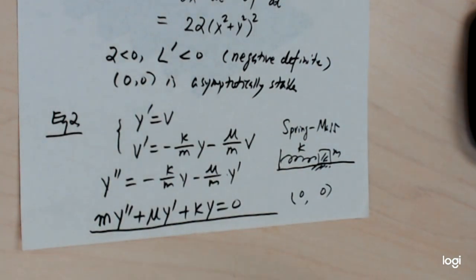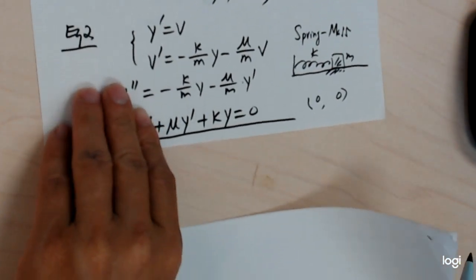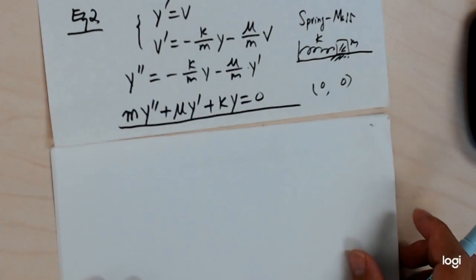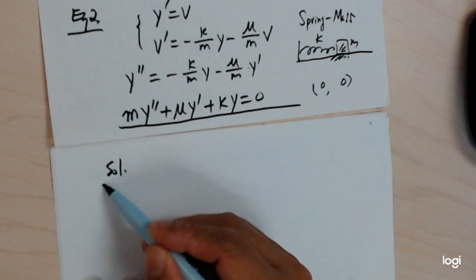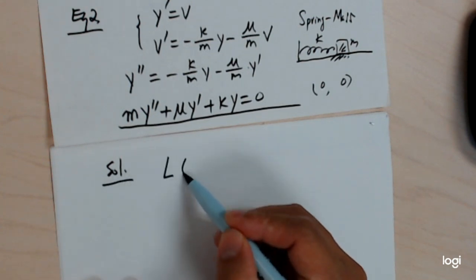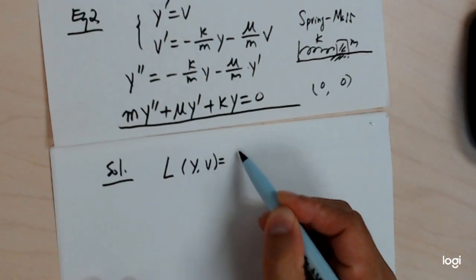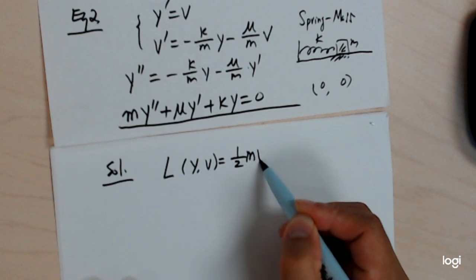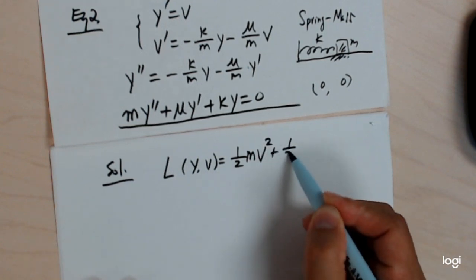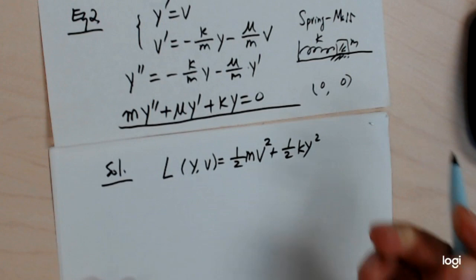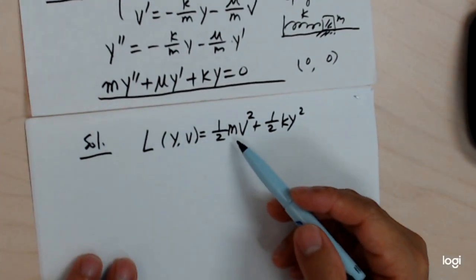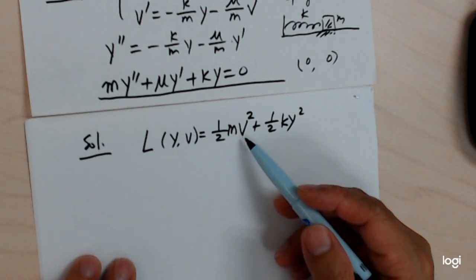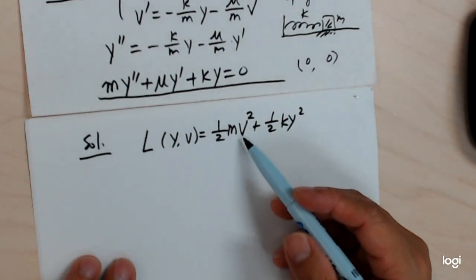So what we're going to do here is, again, to come up with a Lyapunov function. It turns out the function that works in this case is given by this. And if you look at the function that I have here, 1/2 m times my velocity squared, this is actually some kind of energy.